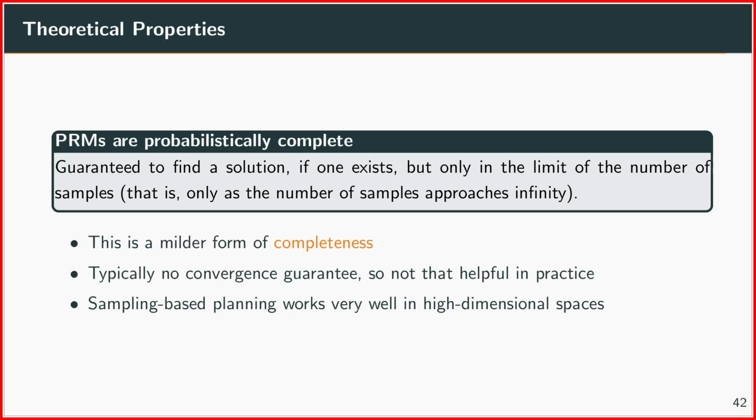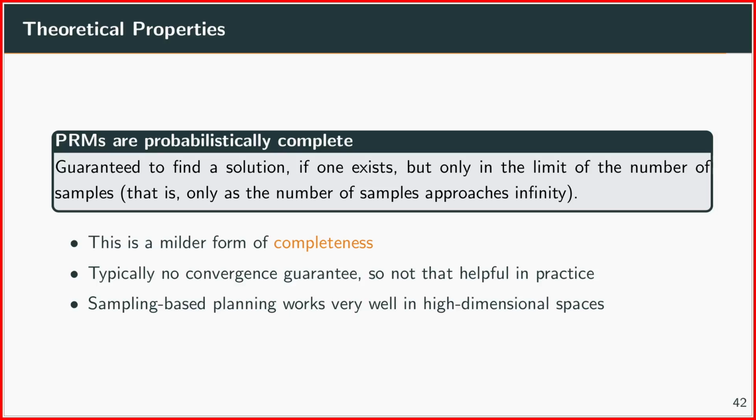And having this property here is actually already a very nice achievement, because if you don't have it, then of course you can have cases where there's a solution, but you will not find the solution. And here at least you have this guarantee that the more time you spend, the more samples you draw, the more you can be sure that you at some point will actually reach the solution.